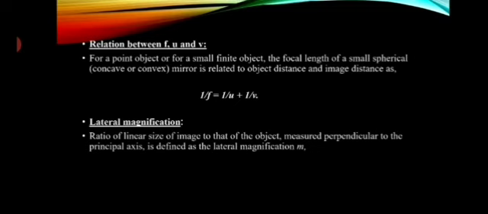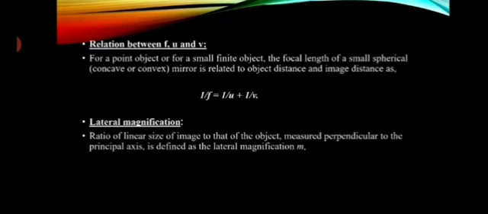Now, when we consider a point object, that is a very small, point-like object, or any small finite object, the focal length of the small spherical mirror. What do we mean by a small spherical mirror? The aperture of the mirror is small.